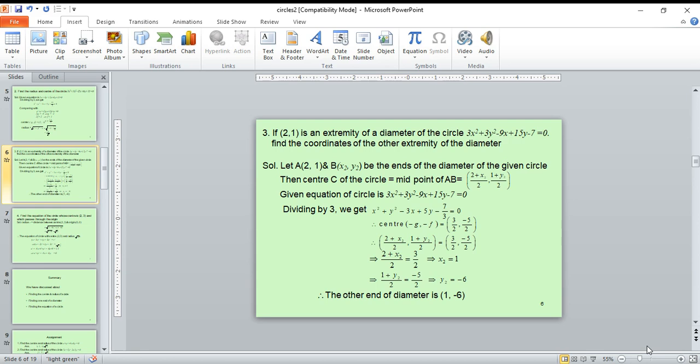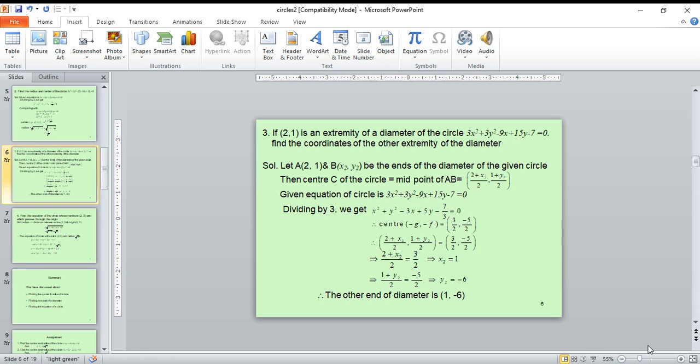Suppose A(2, 1) and B(x2, y2) are the ends of the diameter of the given circle. The center C of the circle is the midpoint of the diameter AB. The midpoint formula is ((x1 + x2)/2, (y1 + y2)/2), that is ((2 + x2)/2, (1 + y2)/2). So the midpoint is the center.